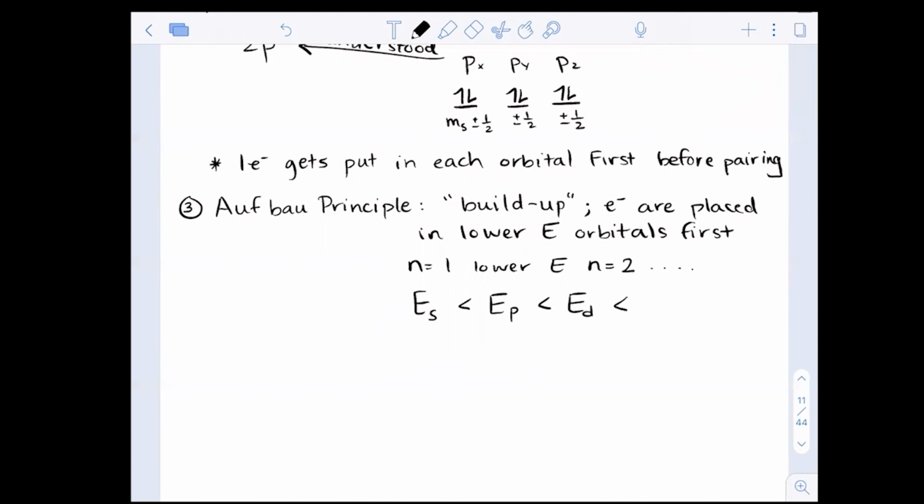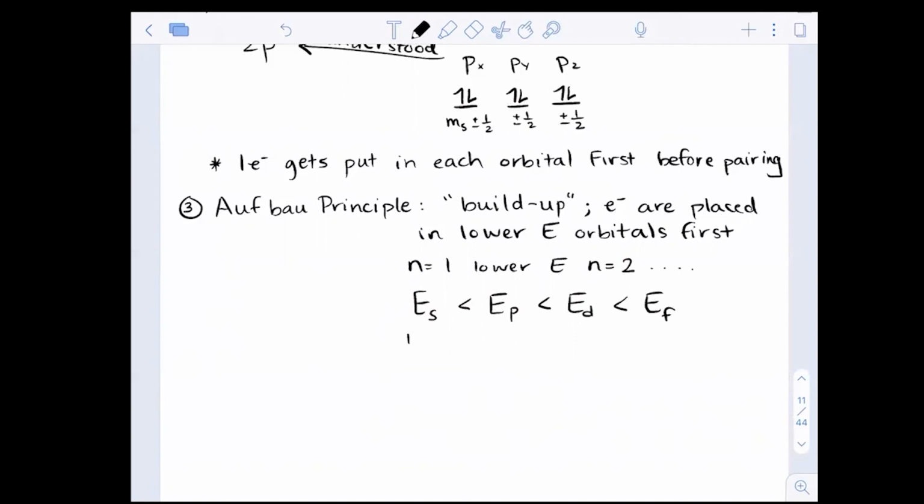The highest energy shape we have is the f orbital. So even with l values, l equals 0, 1, 2, and 3, we still see that idea of changing in energy. Why? Well, it has to do with a little bit of Coulomb's law. How many electrons are we putting in there?